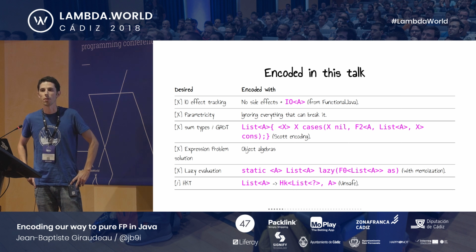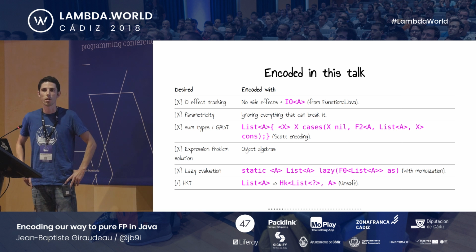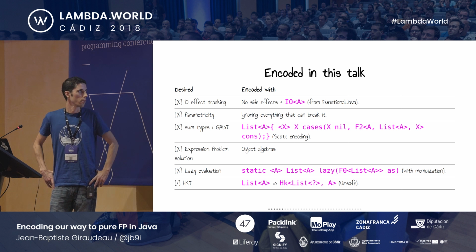Yeah, parametricity, it's very, very important. You can recover parametricity in Java by just ignoring everything that breaks it. It's quite easy. For some types, we shall see the Scott encoding and Church encoding.